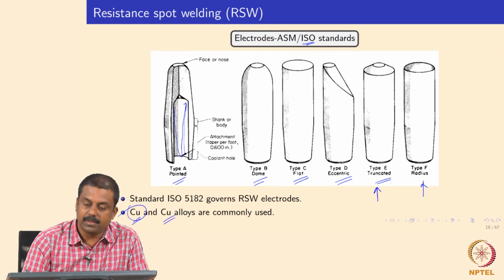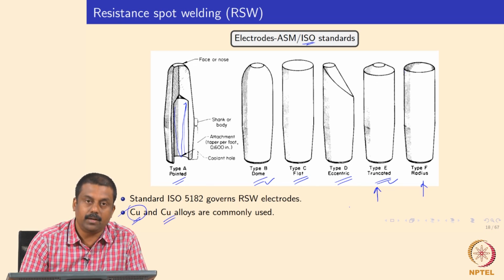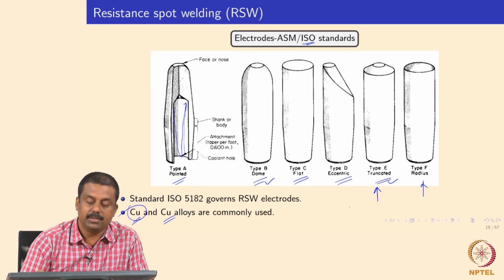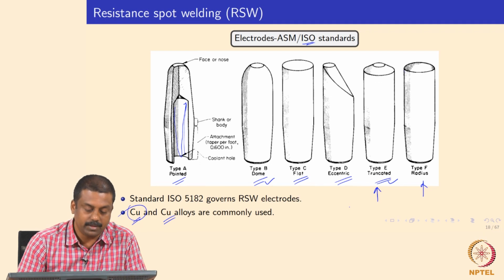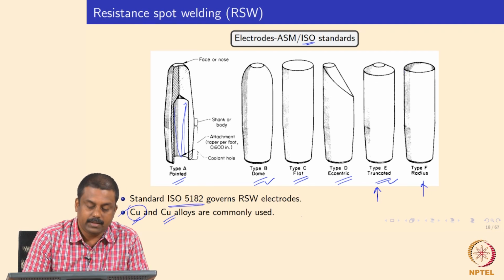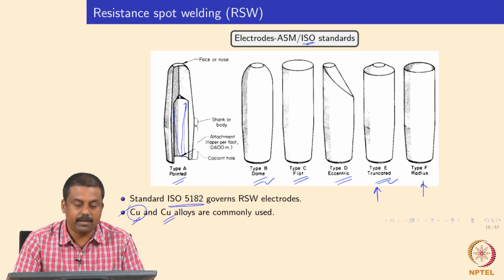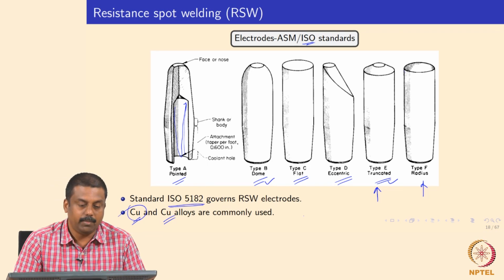The most commonly used electrodes in automotive applications are type E and type B, but based on the nugget sizes, one can change the electrode shapes, and based on the standards we can choose the electrodes. The actual standard that governs the electrode is ISO 5182, you can refer to it and see how electrode size and shape can affect your nugget geometry.